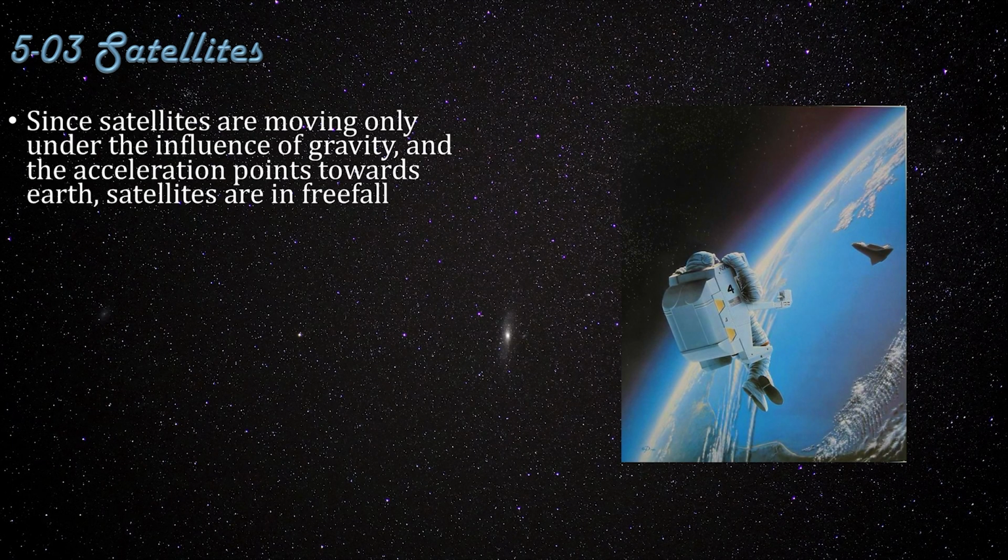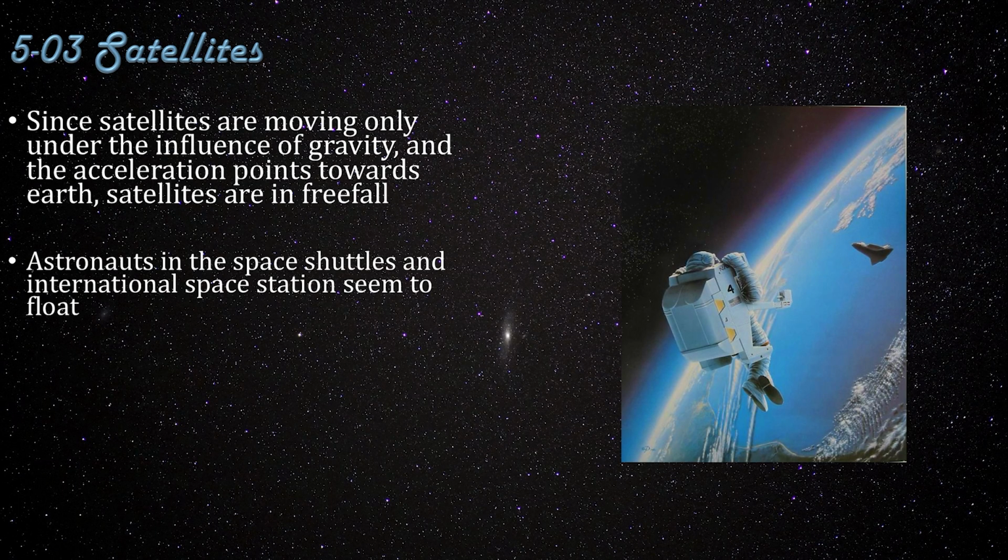Since satellites are moving only under the influence of gravity, and the acceleration points towards the Earth, satellites are actually in free fall, just like in projectile motion or just dropping something. Astronauts in the space shuttles and the International Space Station seem to float. So they appear weightless. But they're not really weightless.